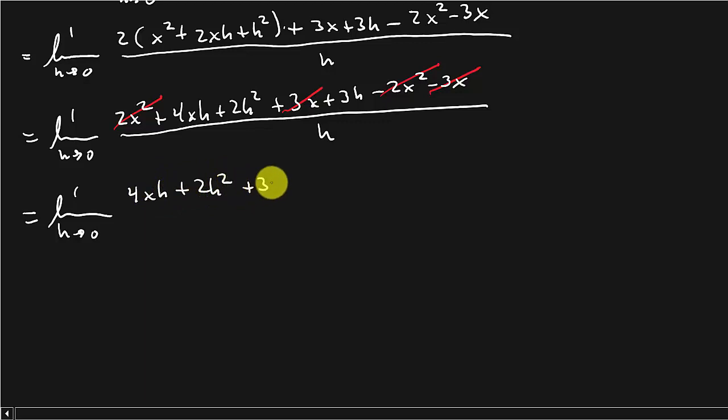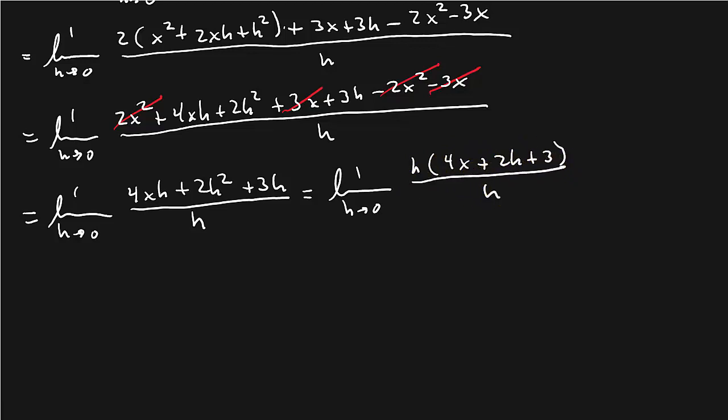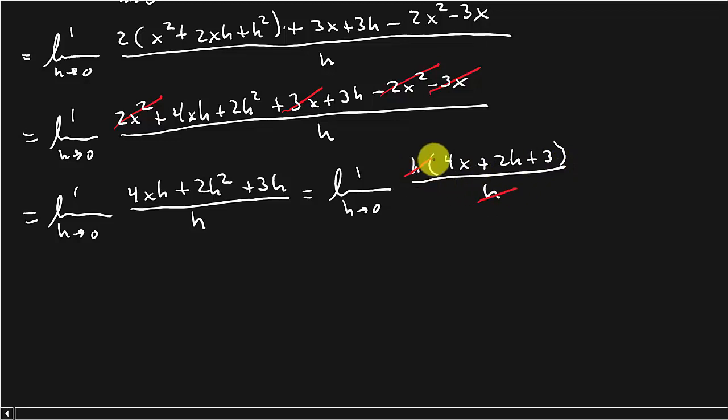And so I'm left with the limit as h goes to 0 of 4xh plus 2h squared plus 3h over h. Now look at this. You see how I have a common factor of h? So I'm going to factor out the h: h times 4x plus 2h plus 3, all that over h. And look at that, the h's cancel.